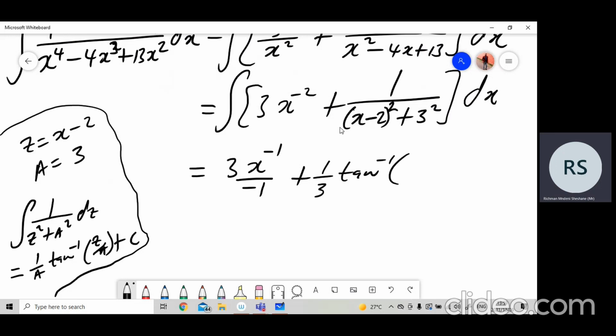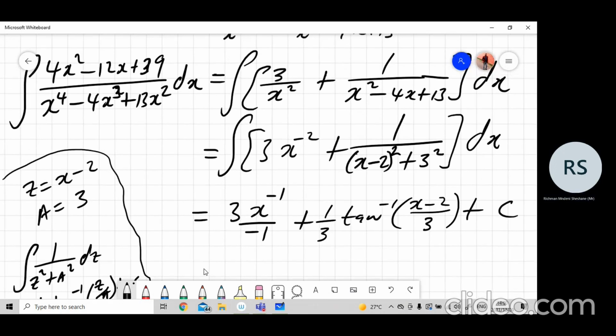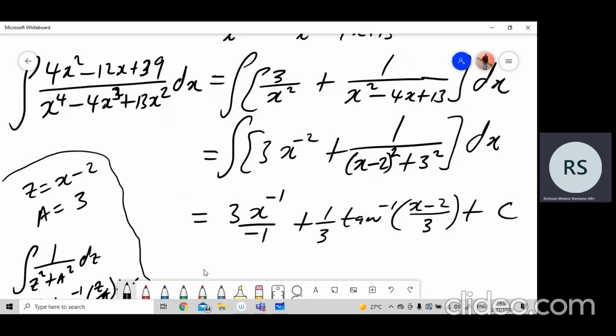If you check your z, you set z to x minus 2, over a, and your a was 3, and then plus c. So now you see we're able to integrate our problem. This is our problem.